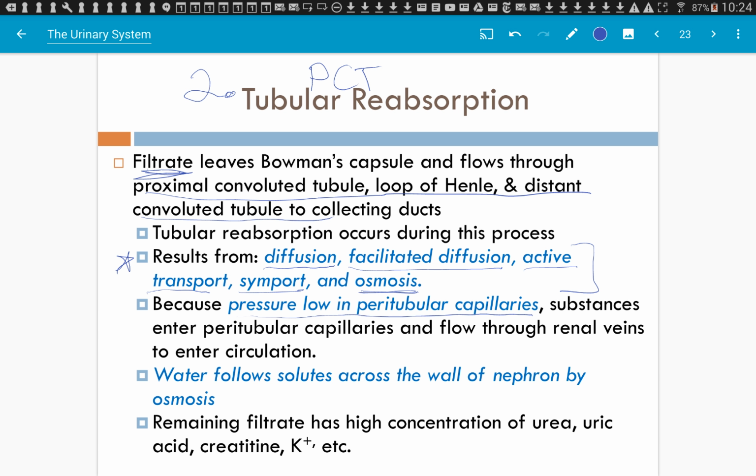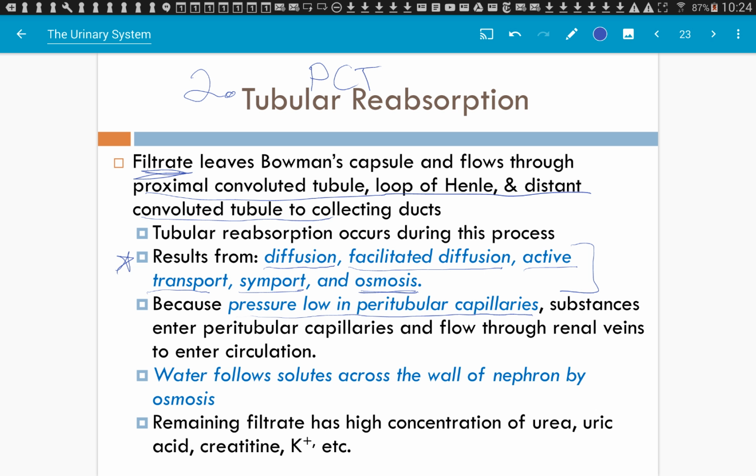So it's reabsorbed back into the bloodstream. So you will not excrete it out in your urine. Okay? Water is going to flow by osmosis. So osmosis, again, is diffusion of water.